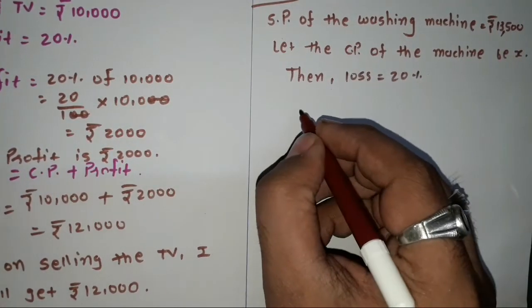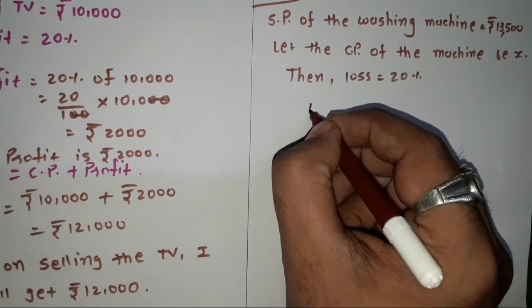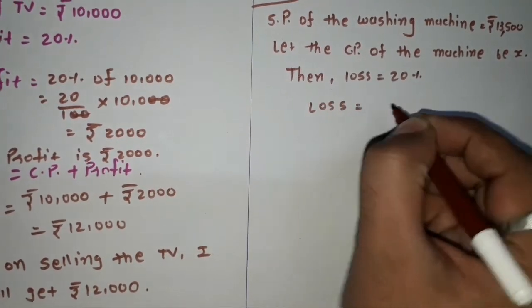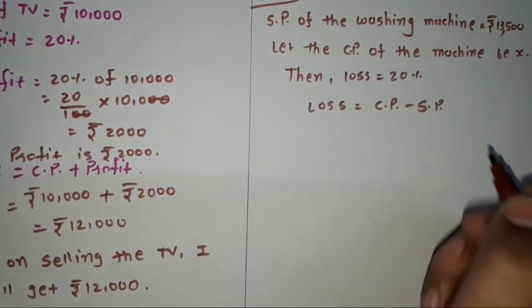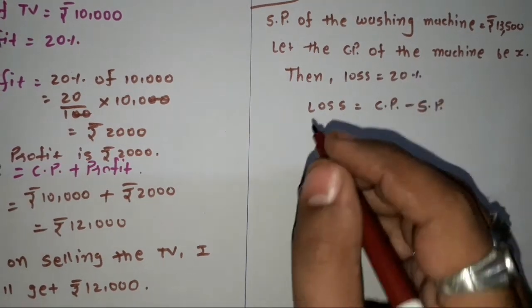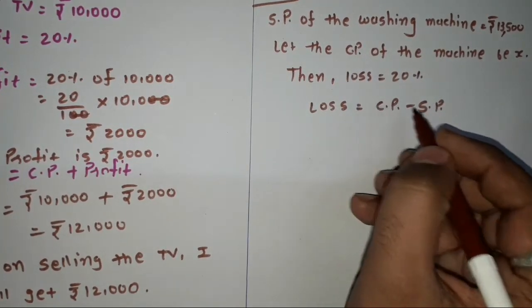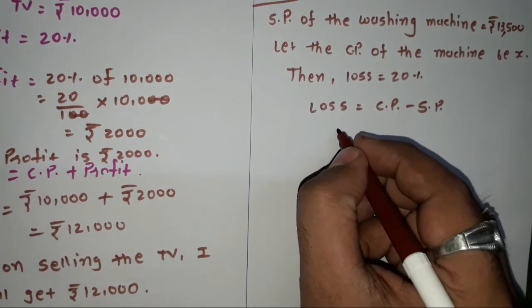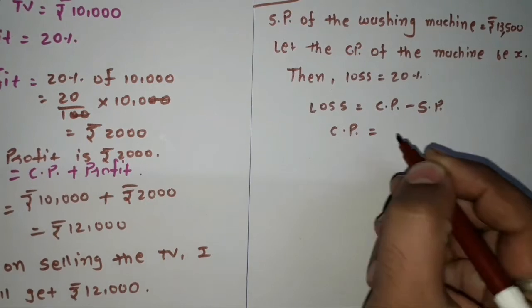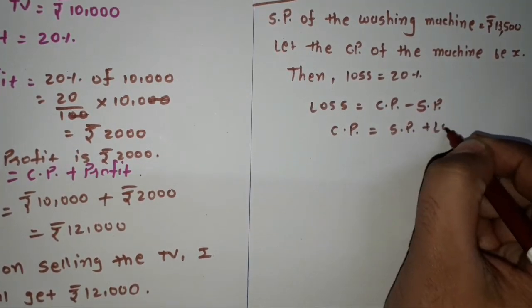Now we know the equation: loss is equal to cost price minus selling price, because in the case of loss, the cost price will be higher. Here we have to find the cost price, so if I change the side of the selling price, the negative will become positive. So cost price is equal to selling price plus loss.